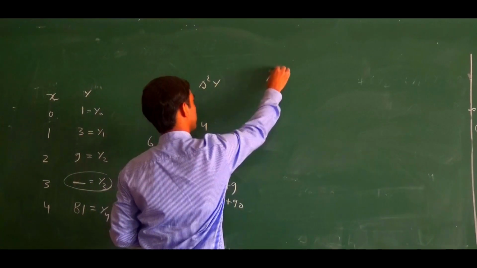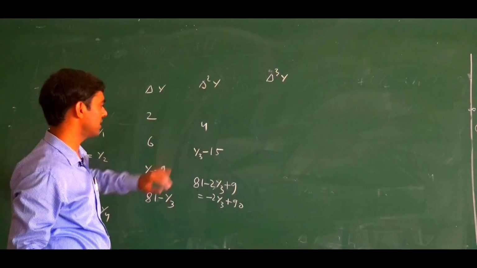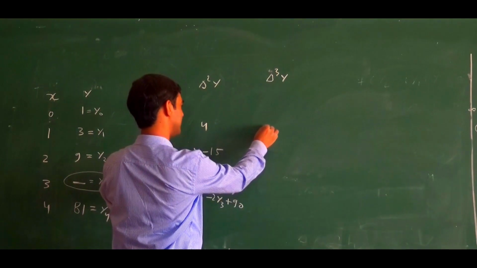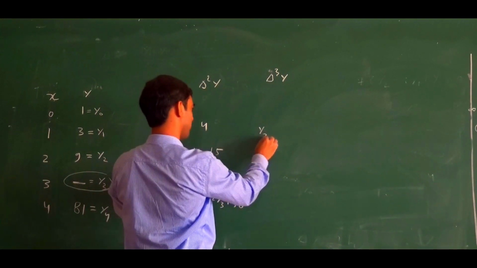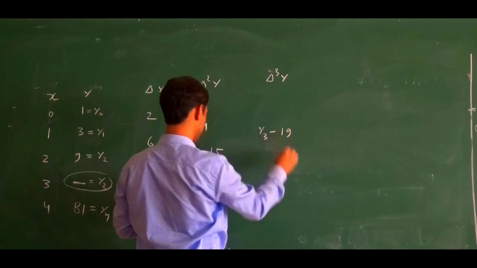Now, the third order difference. It becomes y3 minus 15 minus 4, which is y3 minus 19.